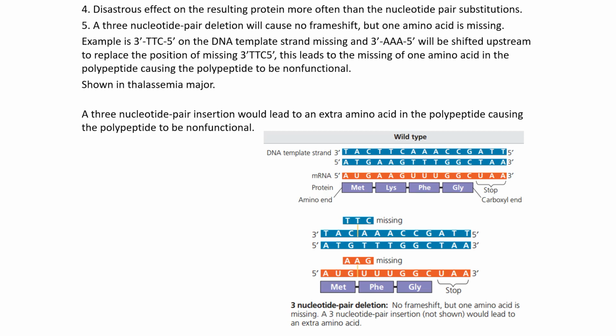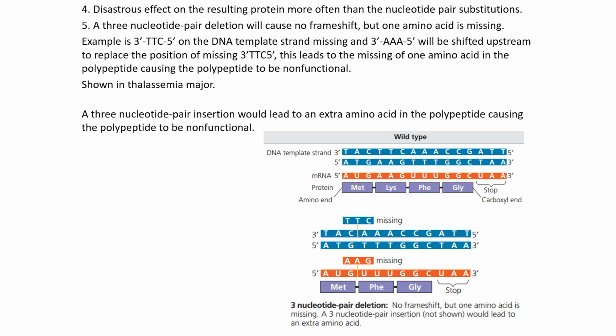This 3 nucleotide pair insertion or deletion will not cause any frameshift mutation. But it will cause the loss of an amino acid or the addition of an extra amino acid, and this will lead to non-functional protein, because the polypeptide either loses one amino acid or gains an extra amino acid.